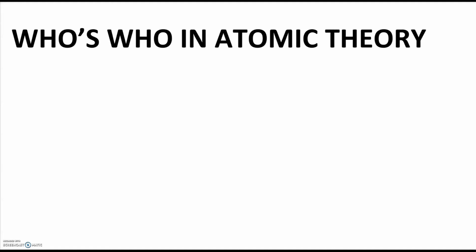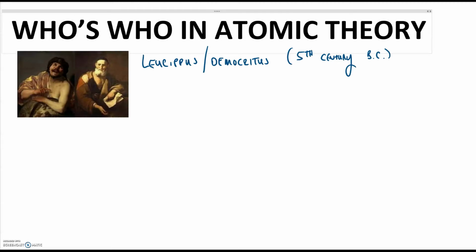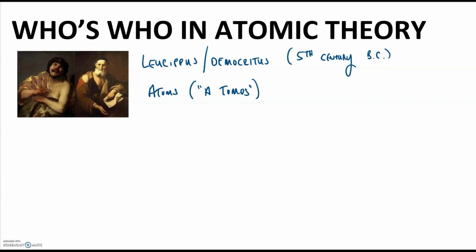So let's begin with where our atomic theory comes from. The first mention of it was in the 5th century BC by these two characters, Leucippus and Democritus. Leucippus is the teacher, Democritus is the student, and these guys were the first to postulate the existence of atoms.